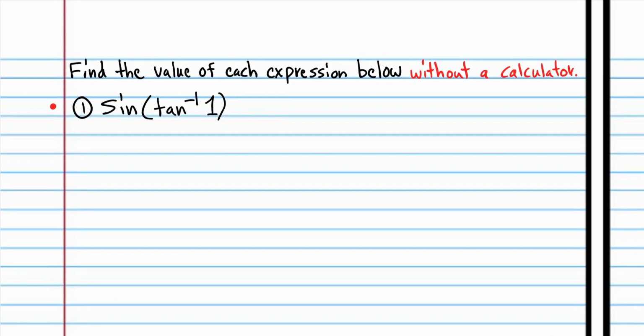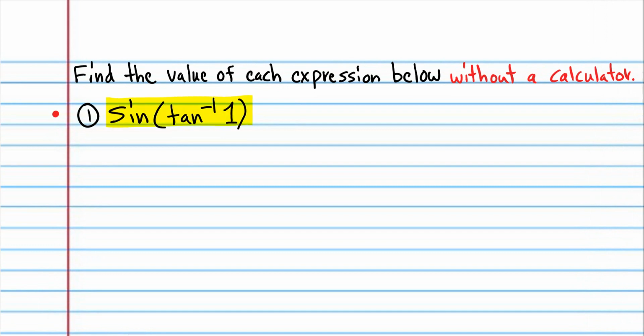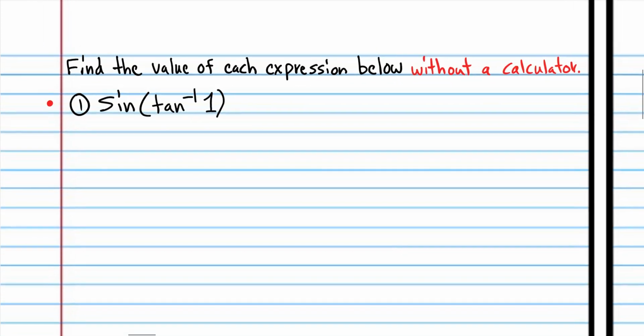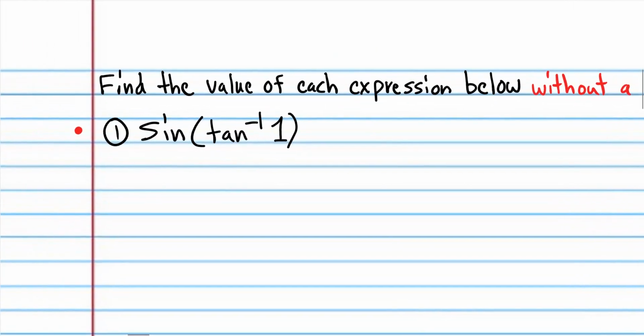Today we're going to find the value of expressions like this, and we're going to find the values without a calculator. Now this is called a composite expression because we have a function, a trigonometric function, inside another trigonometric function. So it's made of multiple parts. It's composite.